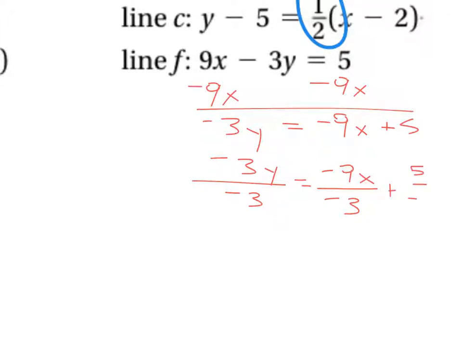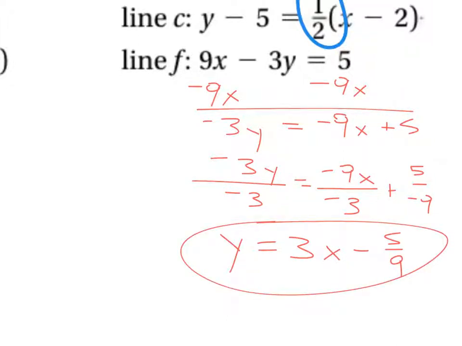Plus, remember that this is 5 divided by -3, and what do we get as a result? We get y equals -9 divided by -3 is 3x, and plus 5 over -3 is the same as -5/3. So that's the equation for that.